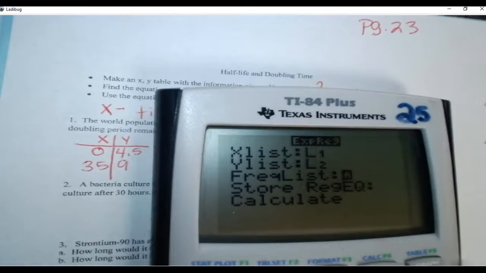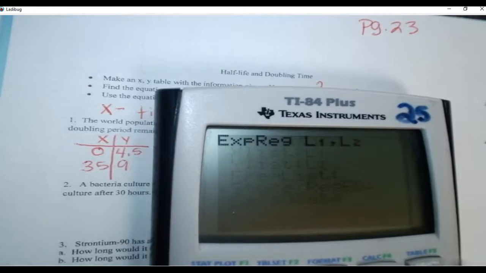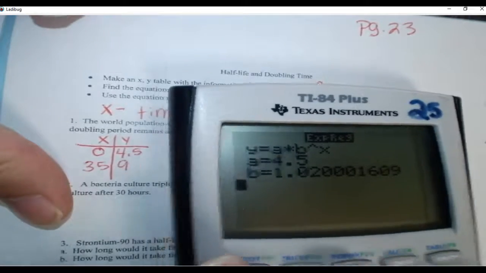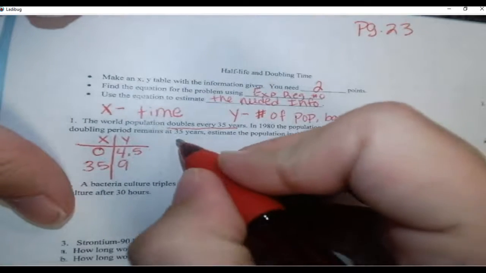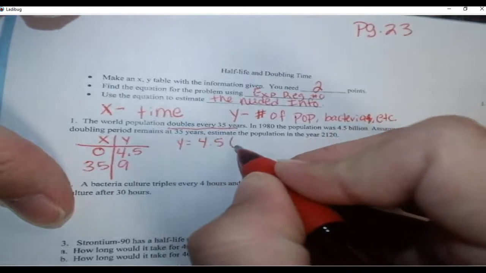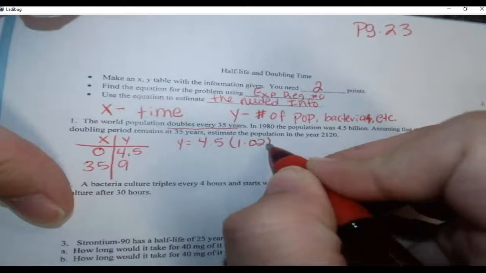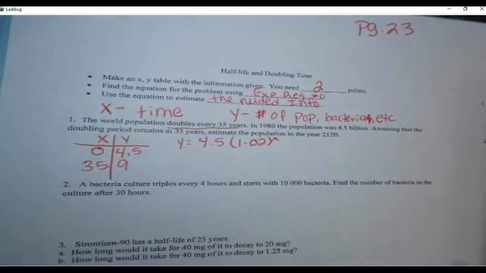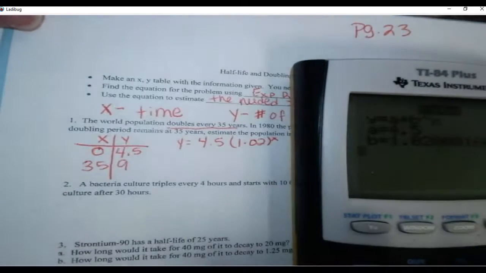Should say L1 and L2. And there it is. So 4.5 and then 1.02 to the x power. Any question on that? Anybody not get that?